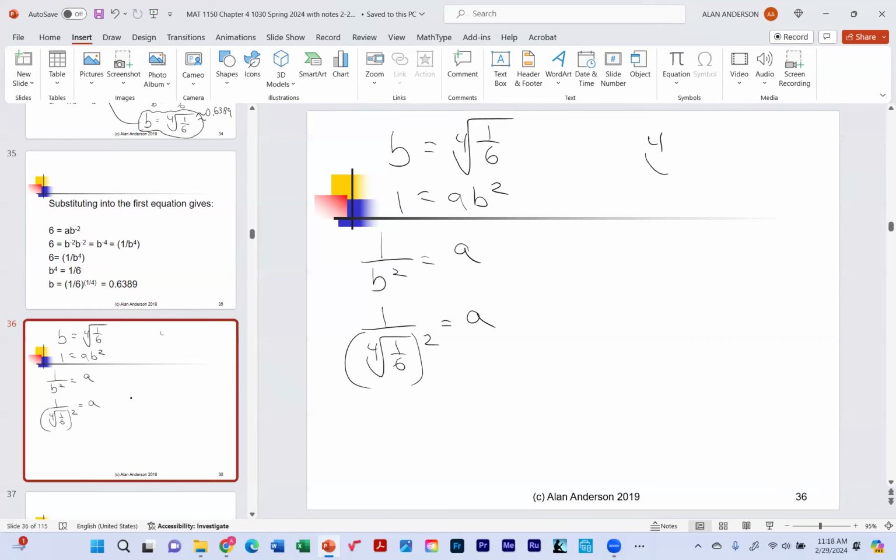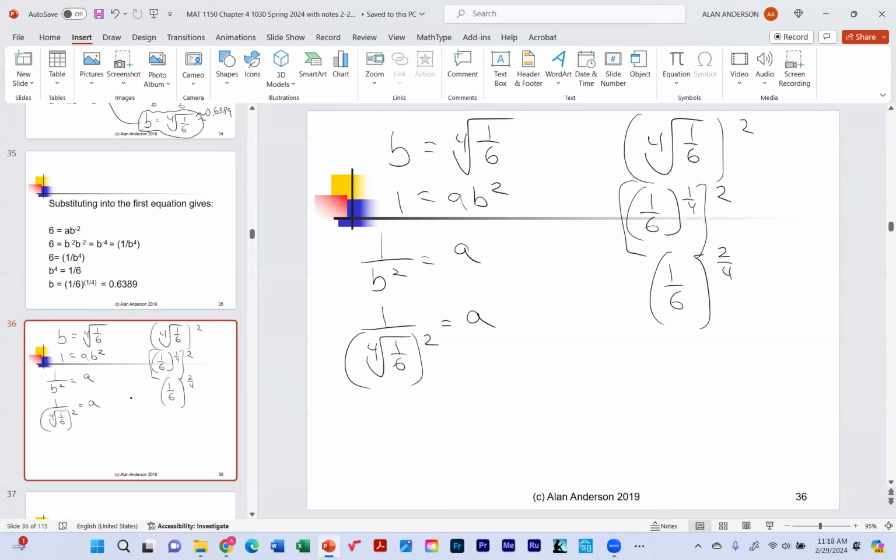Now, when you have something like this, keep in mind that what you've actually got is this, and then you're multiplying the exponents. So you've actually got 1 over radical 6.